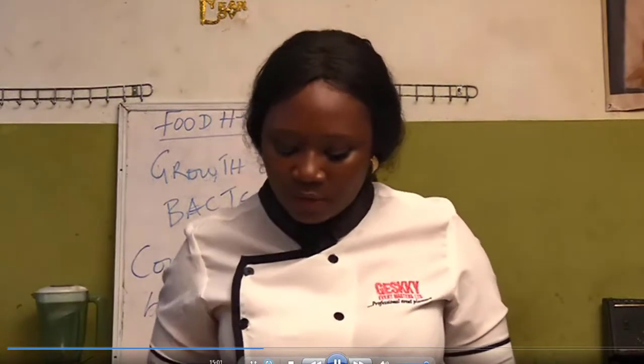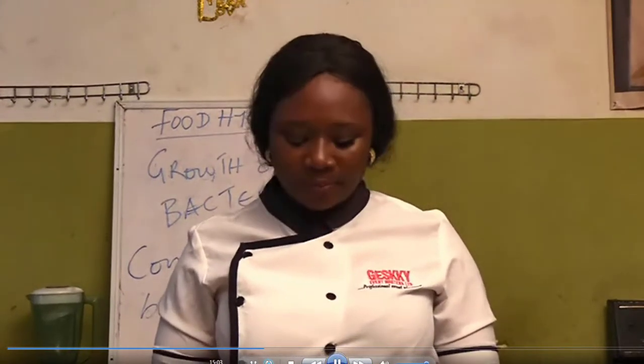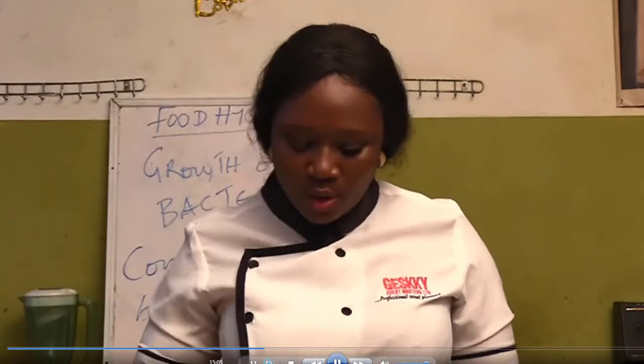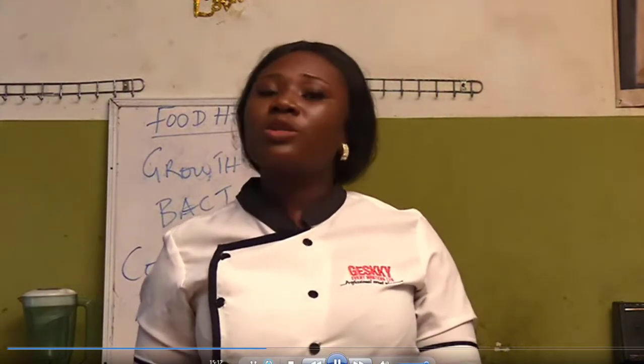You have 3 methods. The first is to protect food from bacteria in the air by keeping food covered. Once you cover your food, you are controlling bacteria. As I said before, you always cover your food. This is one method of controlling bacteria.